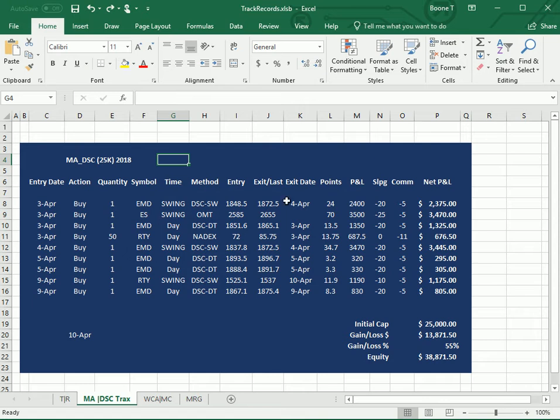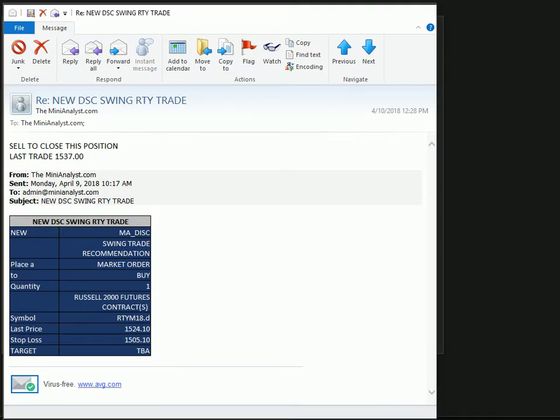So that was the EMD swing. $2,375 there, and then we added another contract. Where was that? That was a day trade. Sell to close this position.